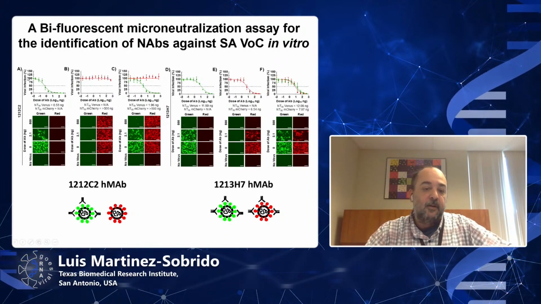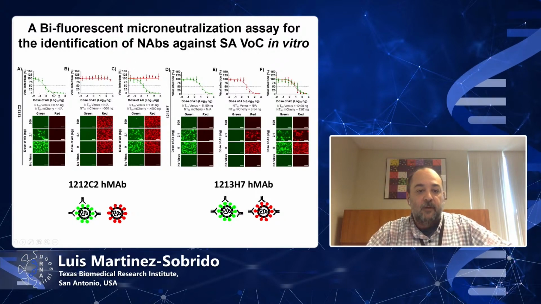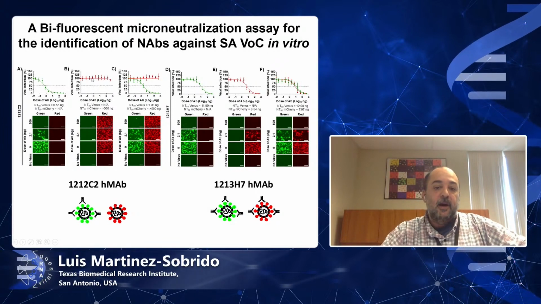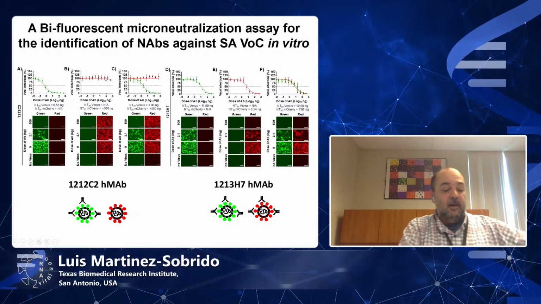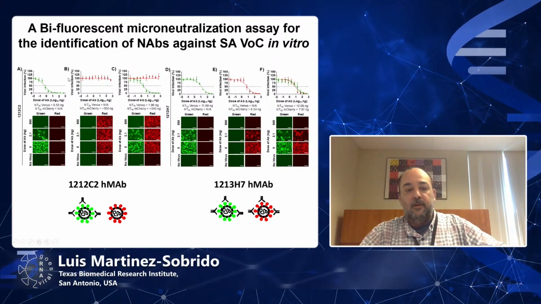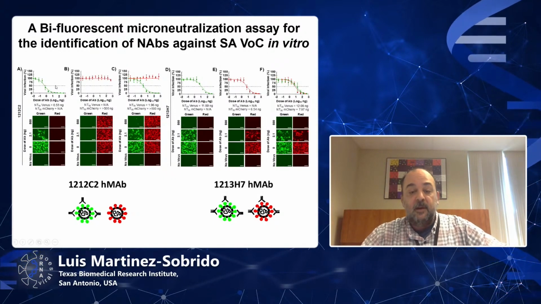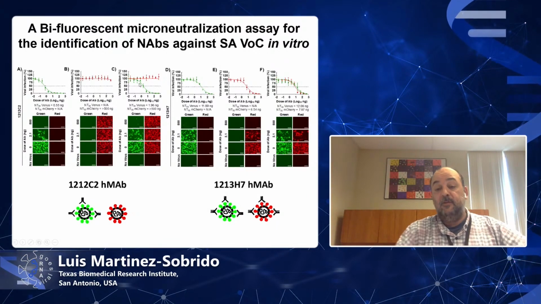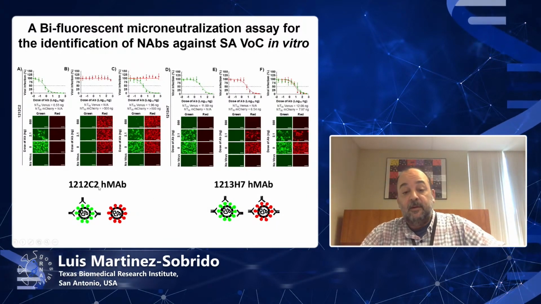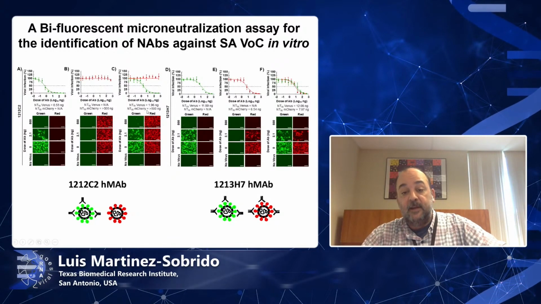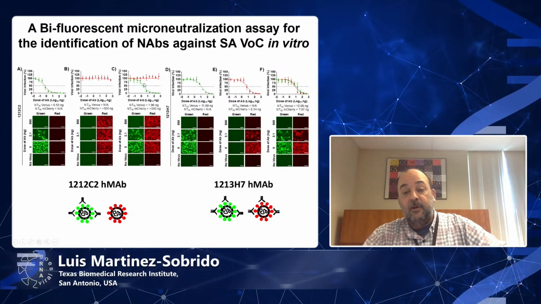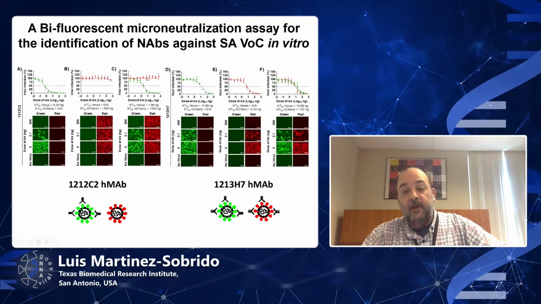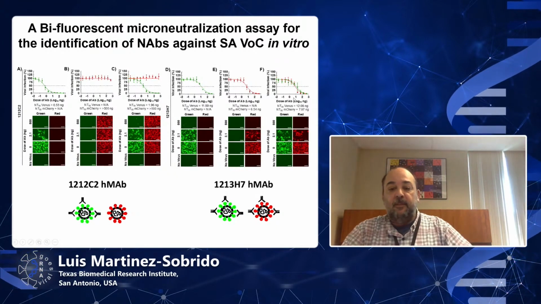And as you can see here, this 1212C2 nicely neutralized in a dose-dependent manner the original virus, but not the South African variant, either when you infect cells individually with these 2 viruses, or when you infect the same cells with the 2 viruses at the same time. You can see how 1212C2 nicely neutralized the original Washington strain, shown here in green, but not the South African variant.